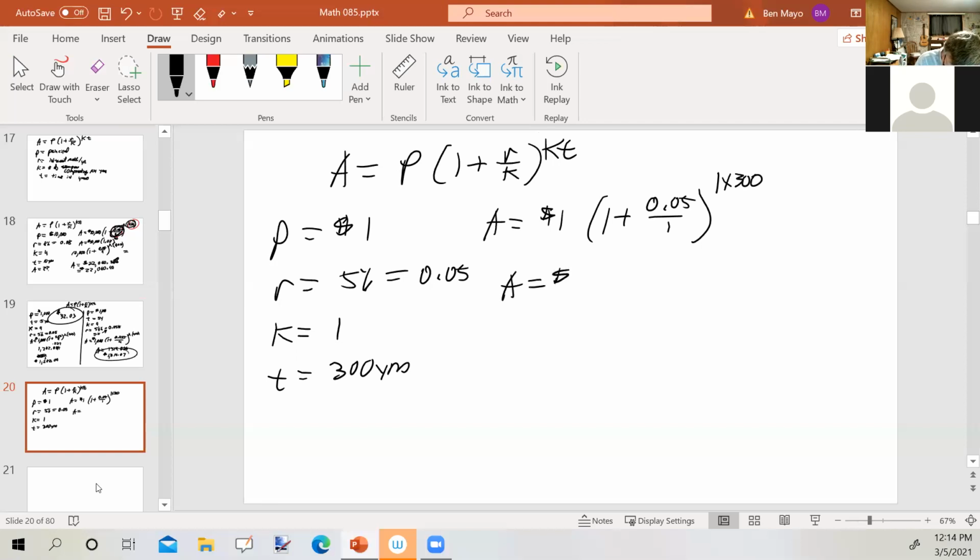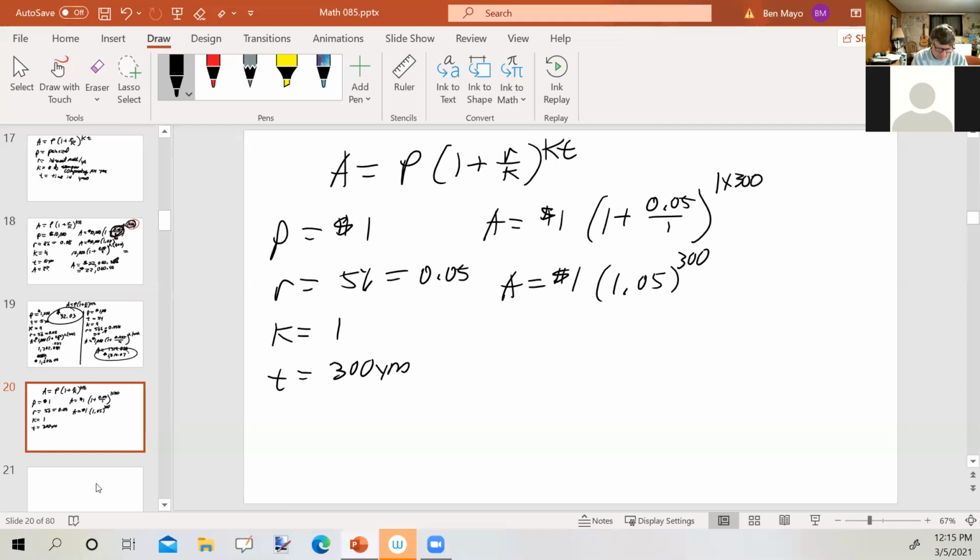Well, 0.05 divided by 1 is 0.05, right? And 1 plus that would be 1.05, and then 1 times 300. So basically, I've got 1 times 1.05 to the 300th power.